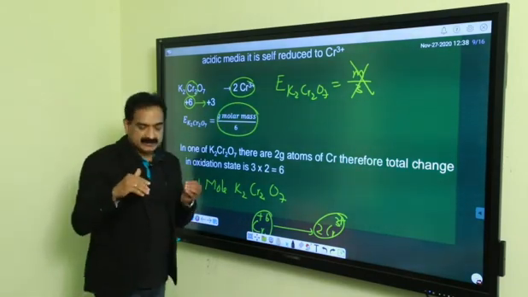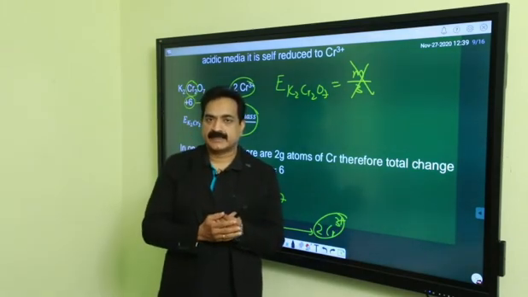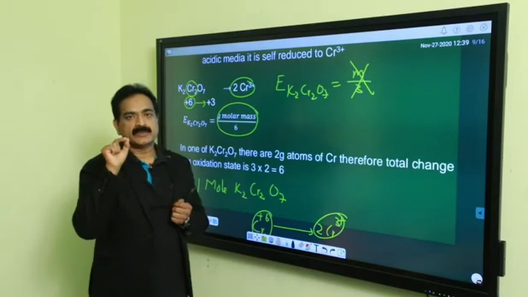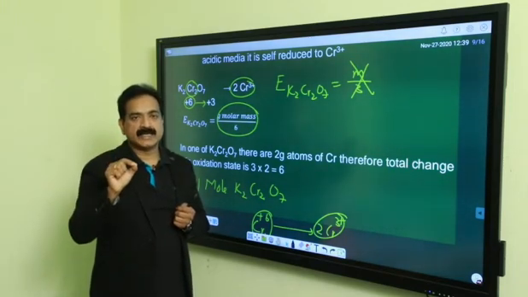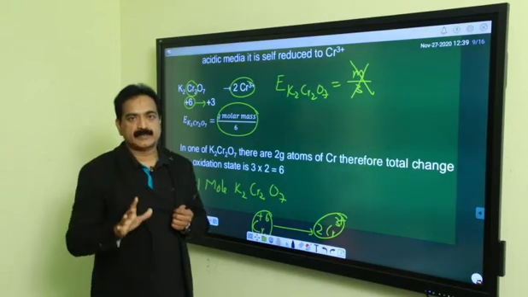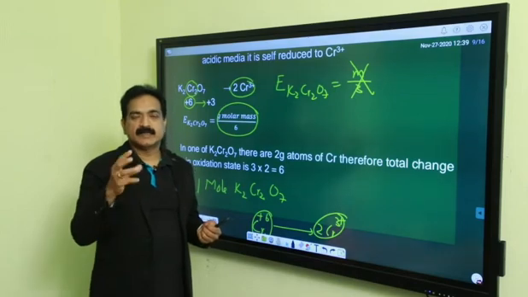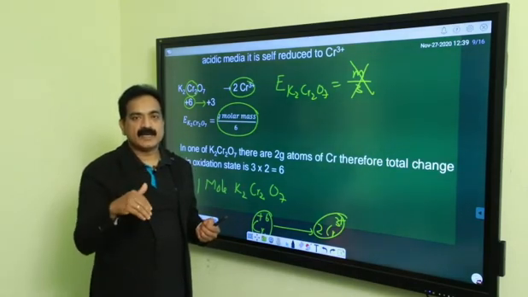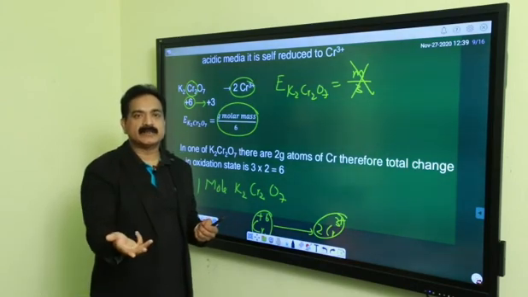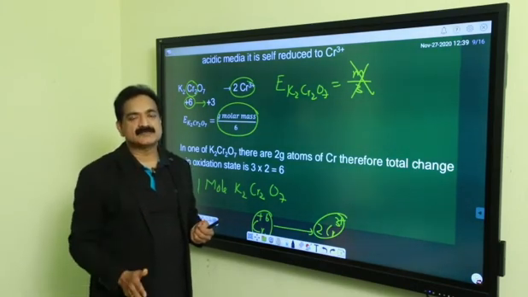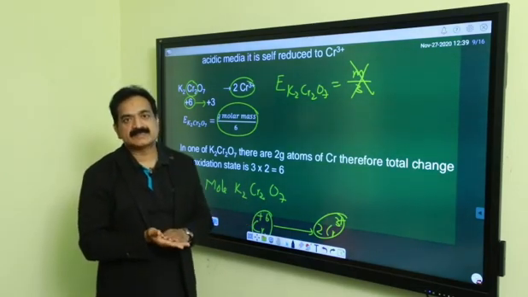So we have discussed KMnO4 and K2Cr2O7. Both are oxidizing agents. K2Cr2O7, potassium dichromate, acts as an oxidizing agent only in acidic media, and the valence factor is 6. What is the valence factor? The factor with which we divide atomic mass or molar mass to get equivalent mass is called the valence factor. For K2Cr2O7 it is 6.